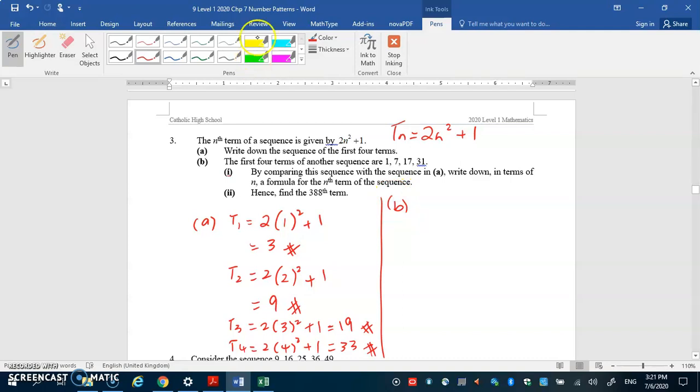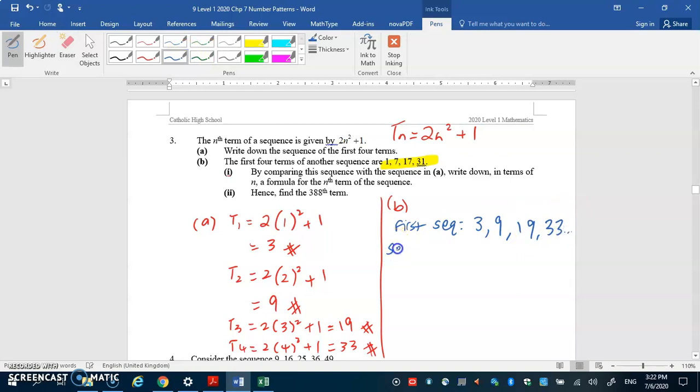First 4 terms of another sequence are 1, 7, 17, and 31. Okay, so basically the first sequence in A, that we found out, was 3, 9, 19, and 33.